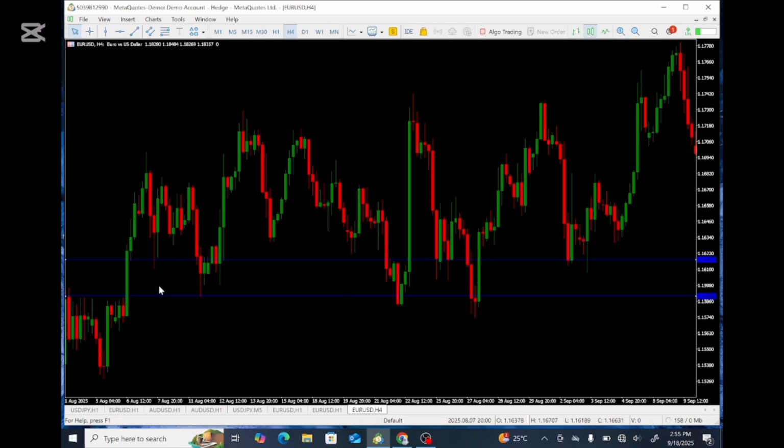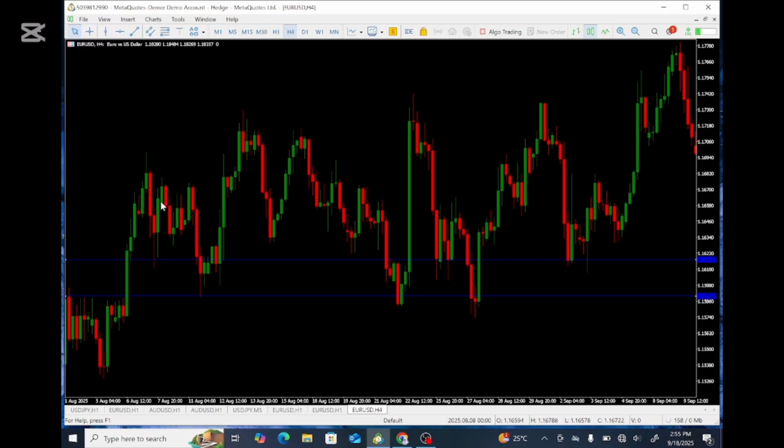And how it's traded, you wait for the market to go on its way, then come back to this fair value gap, then you press a buy.